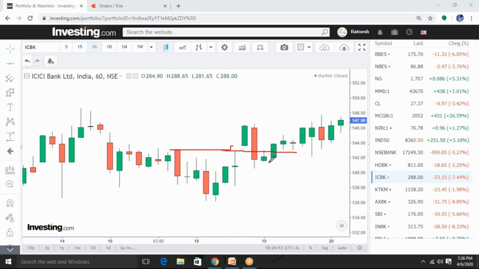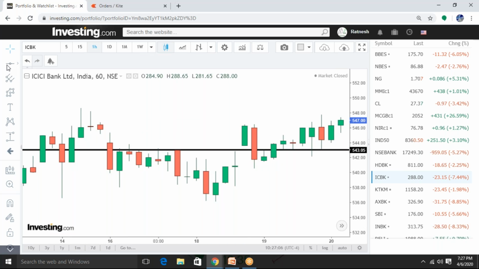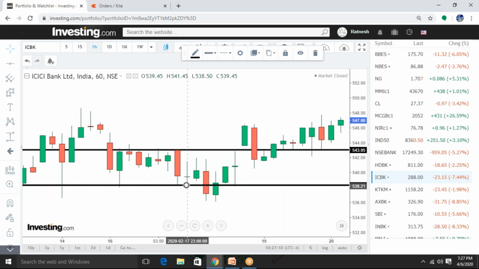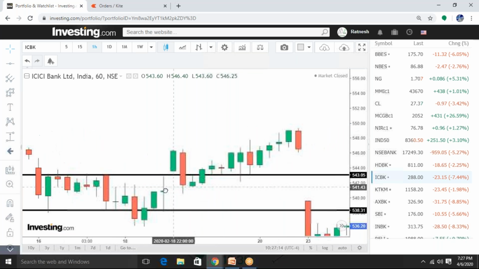You can check both conditions. Both are working well for the time being, but this is the suitable condition. You can wait to close above this. Stop loss will always be the bottom of this. So above this, it is a good buy.